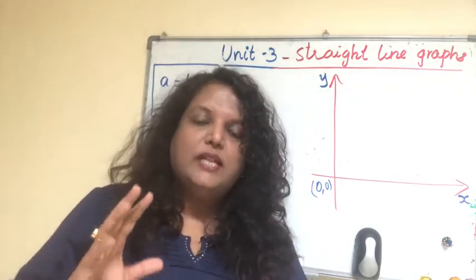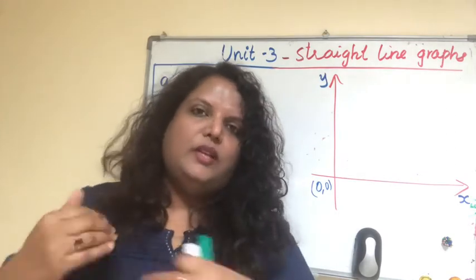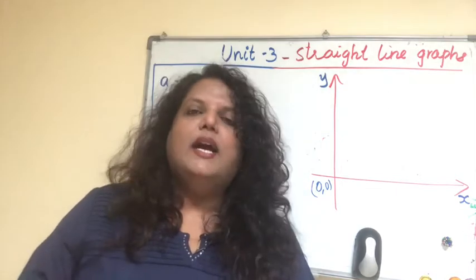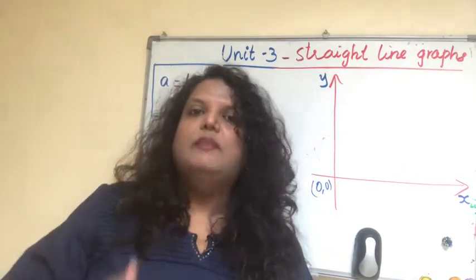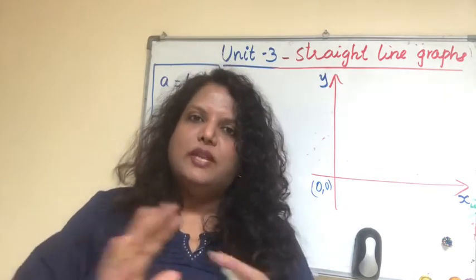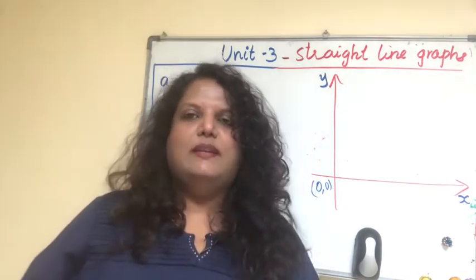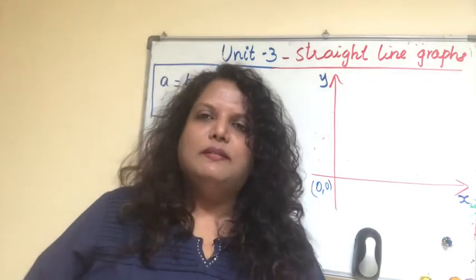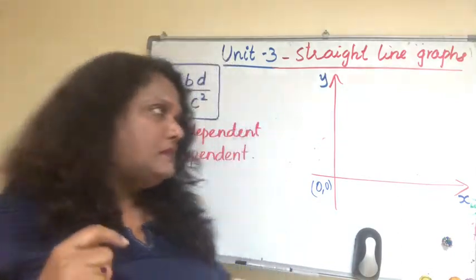So to be on the safer side, you take 2 extra readings. Then take repeat readings and take the average, so that you have reduced the errors and your readings are almost accurate.